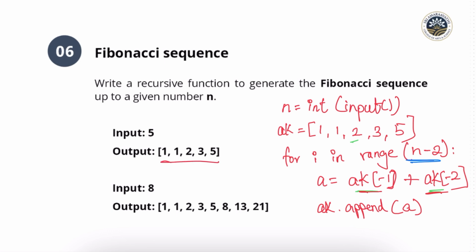You need to print after completing this for loop. Here you need to print. You should not print it here. After completing the for loop, I'm just printing AK. So the output came. Hope you all understood. Let's start programming.